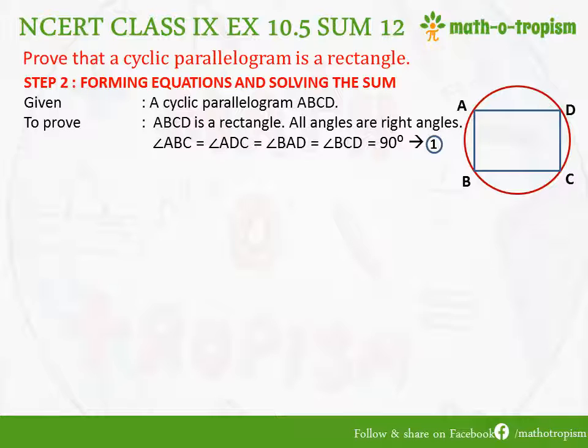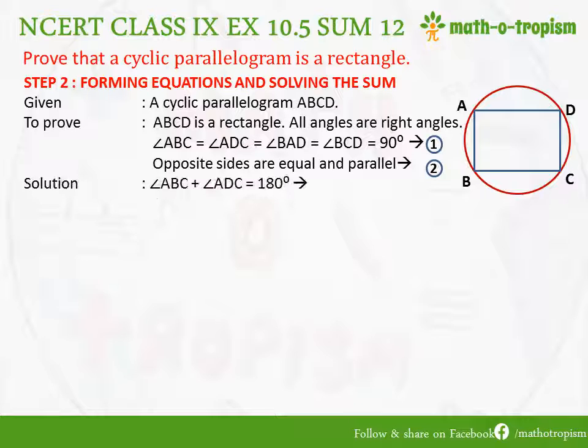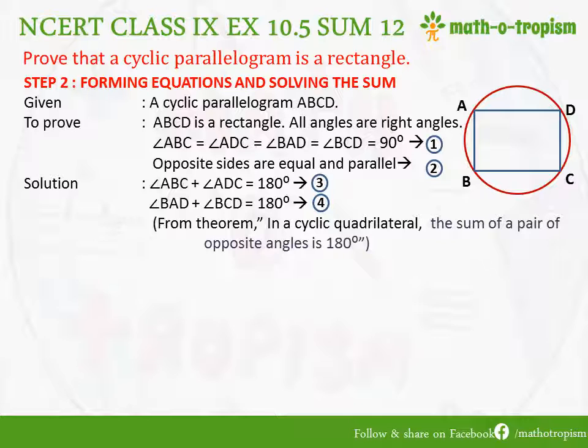Let us keep it as equation 1, and we also need to show that opposite sides are equal and parallel. This is number 2. The solution is, first we will consider from the cyclic quadrilateral that the opposite angles add up to 180 degrees. So angle ABC plus angle ADC is 180 degrees, angle BAD plus angle BCD is 180 degrees. We will keep this as equations 3 and 4.